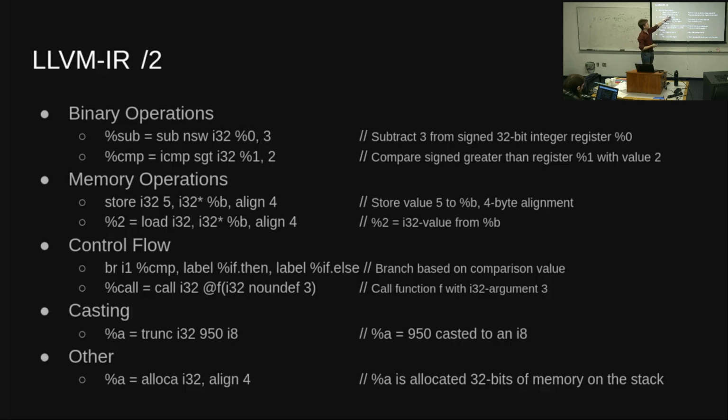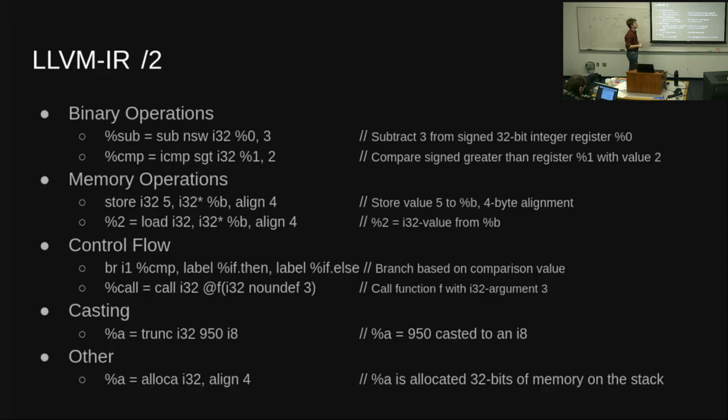You have a compare instruction where you compare a variable that's stored in %1 with 2. You have memory operations, which are defined by the store and load instructions. In this case, you're storing the value 5, which is an i32, to %b, which is a memory location, and it's aligned on a 4-byte boundary.